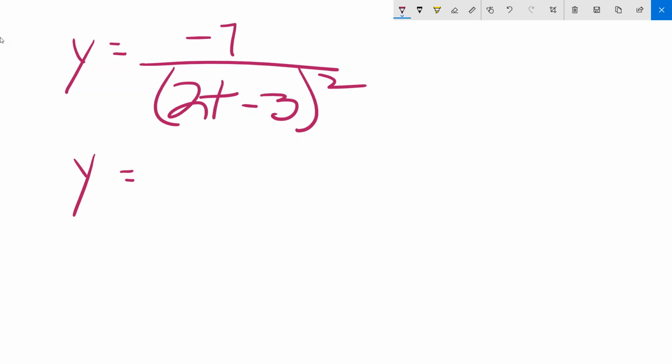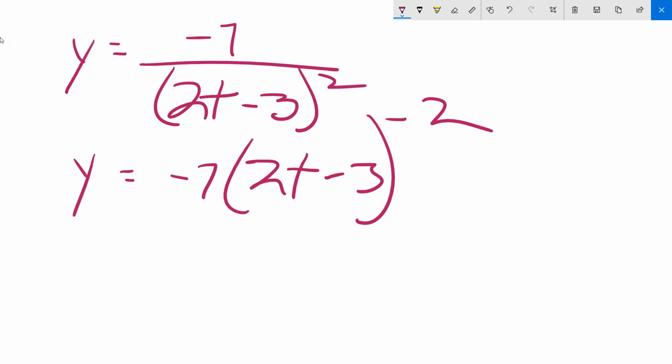Okay. Do we want to rewrite this for the product rule? That's the next line. All right, so that's going to be -7 times 2t minus 3 to the -2. And with the -7, always start right there.